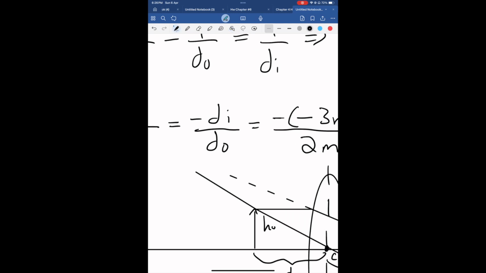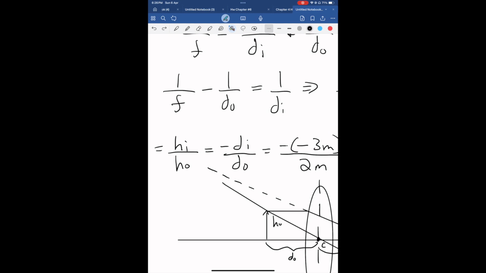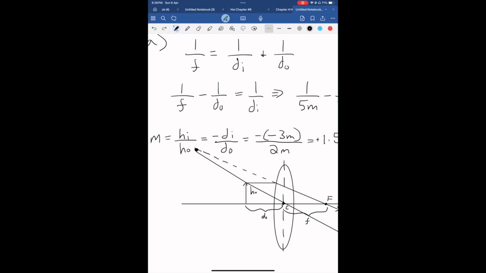Let's take out this line. Let's say they meet right here for space's sake. This would be the intersection, but we're just going to say they intersect right there.